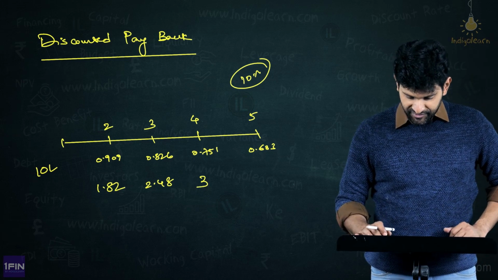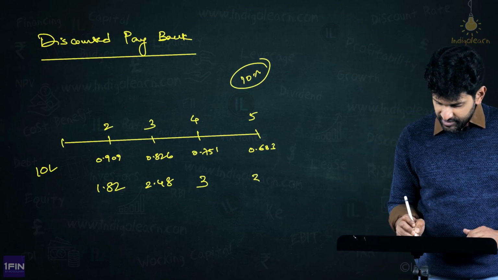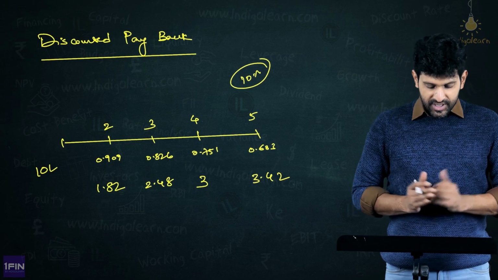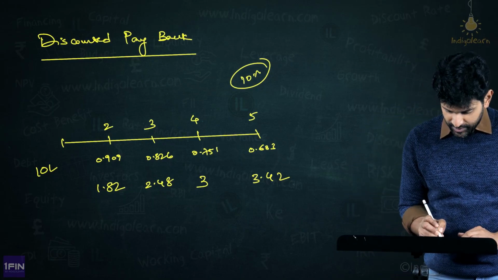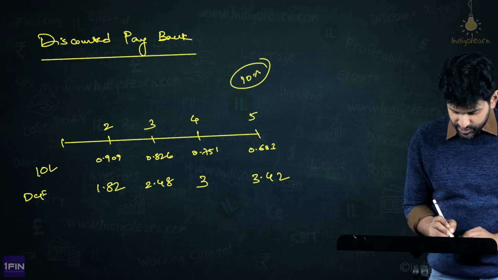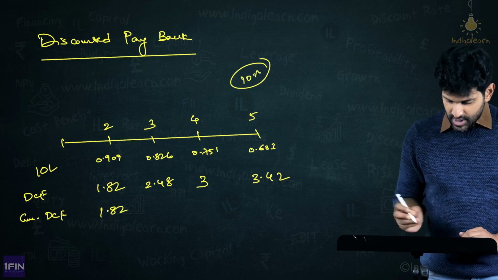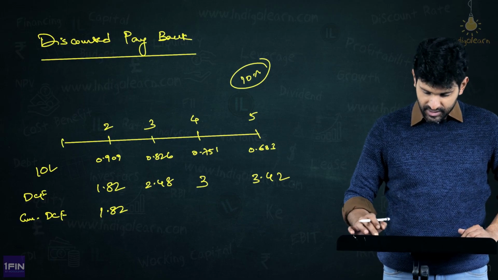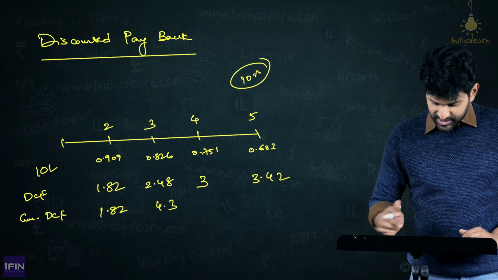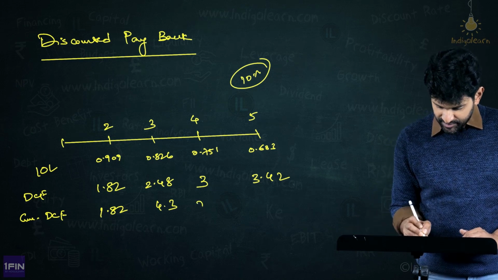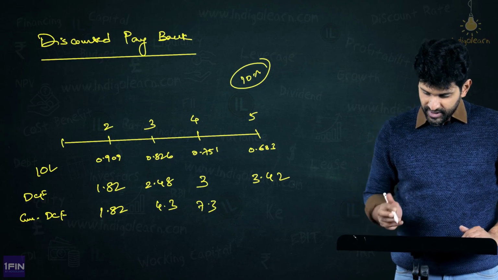Then lastly 5 into 0.683 is 3.415, so 3.42. Now we add to arrive at the cumulative discounted cash flows. This is 1.82 only. Now 1.82 plus 2.48 is 4.3, plus 3 is 7.3, plus 3.42 is 10.72.